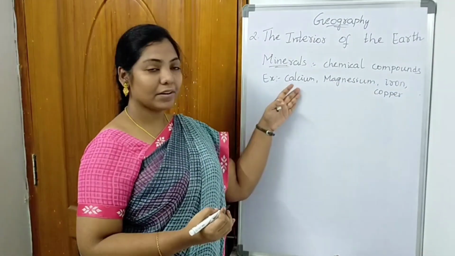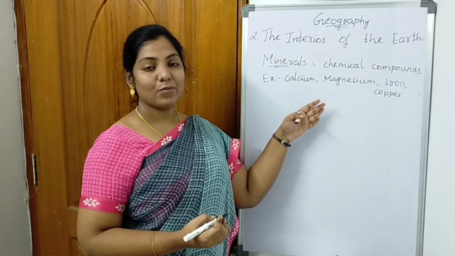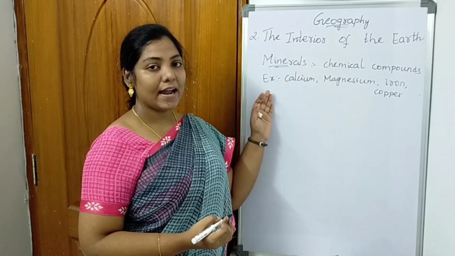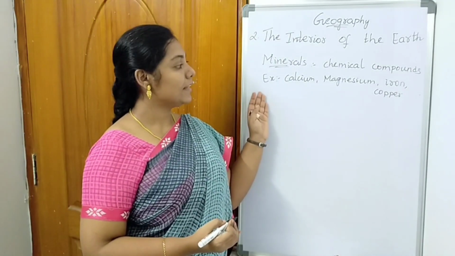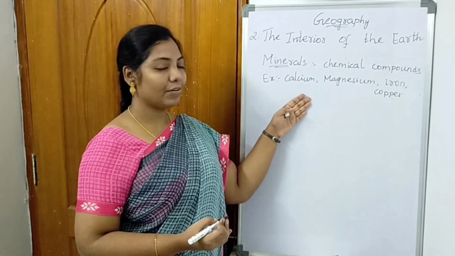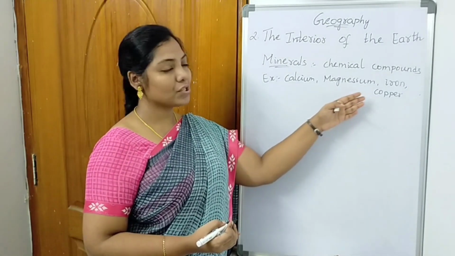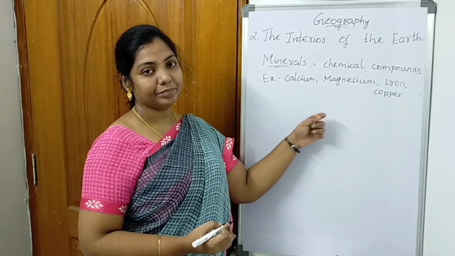I'll say again, minerals are the chemical compounds which are crystalline in nature, and these minerals are the natural sources that we can see on rocks. And the examples for the minerals are calcium, magnesium, iron and copper.